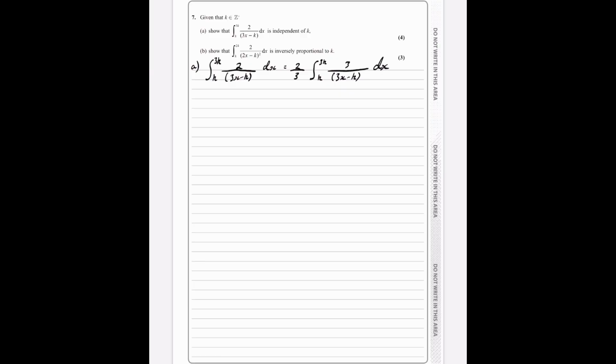It'll take you slightly longer to carry out the substitution and then reverse it, but you'll end up in the same place. I haven't done that. I've just factorised out 2/3. The top's the differential of the bottom, so we've got 2/3 on the outside, and then ln of the denominator, ln of 3x minus k, and we're integrating that between k and 3k, so we can substitute 3k in, and then we can substitute k in and subtract the second from the former.